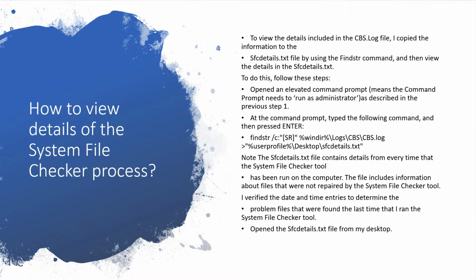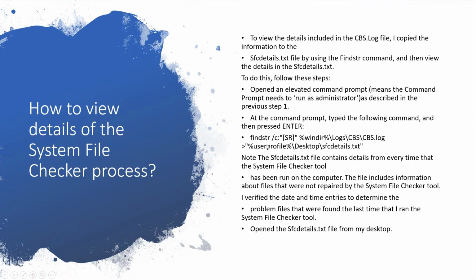To do this, I was already running the command prompt as an administrator, and at the command prompt I typed this command, findstr /c: and so on. You can just see it, I will not repeat it.